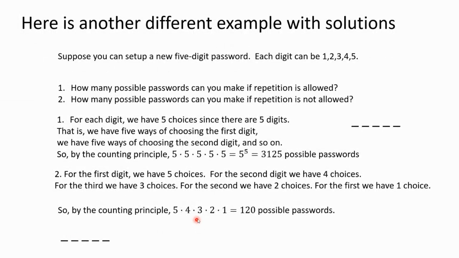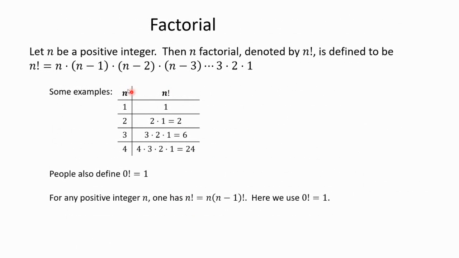Now, this product here is actually a special kind of product. It's what we call a factorial, and it's very useful, so we're going to define it. Let n be a positive integer. Then by definition, n factorial, denoted by n and an exclamation point, is defined to be n times n minus 1 times n minus 2, all the way down to 3 times 2 times 1.